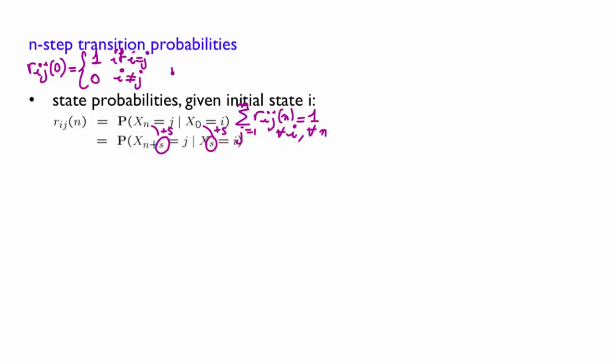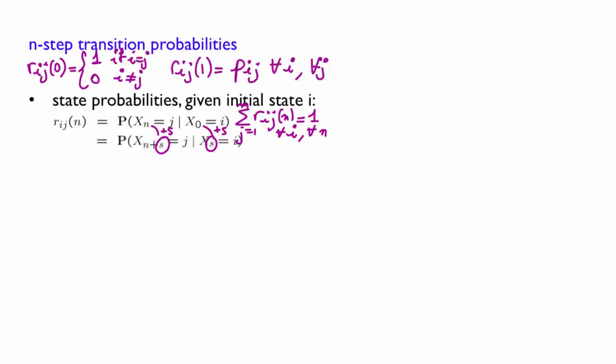In one step, in other words, when n equals 1, r_ij(1) will be the transition probability given by the Markov chain, and that is true for all i and all j.